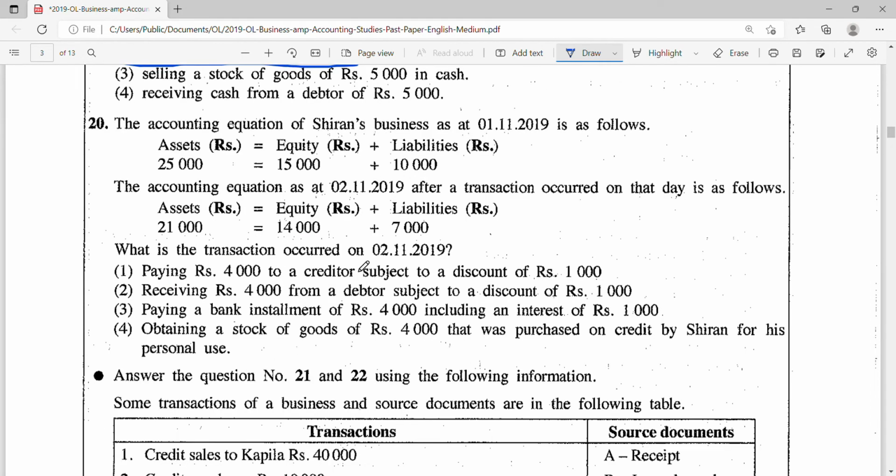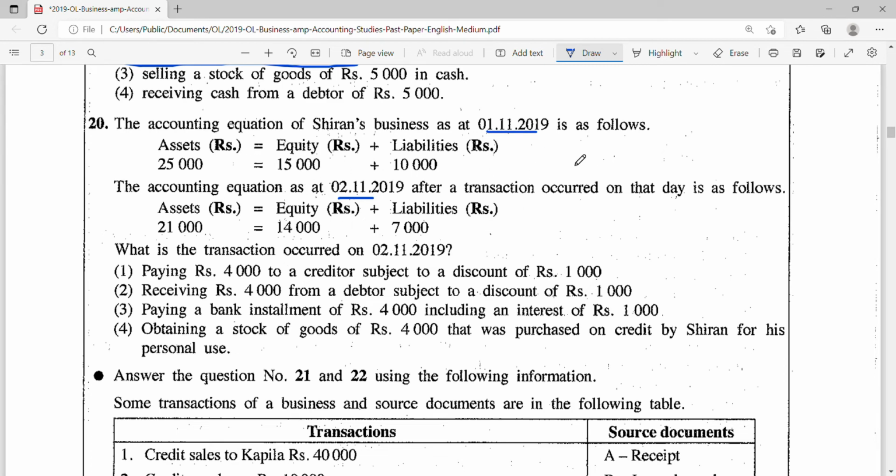Question 20. The accounting equation of Shiran's business as at 1st November 2019 is as follows. The accounting equation as at 2nd November, after one transaction occurred on that day, is as follows. So here you can see, when they have given such a question, write the impact of it.